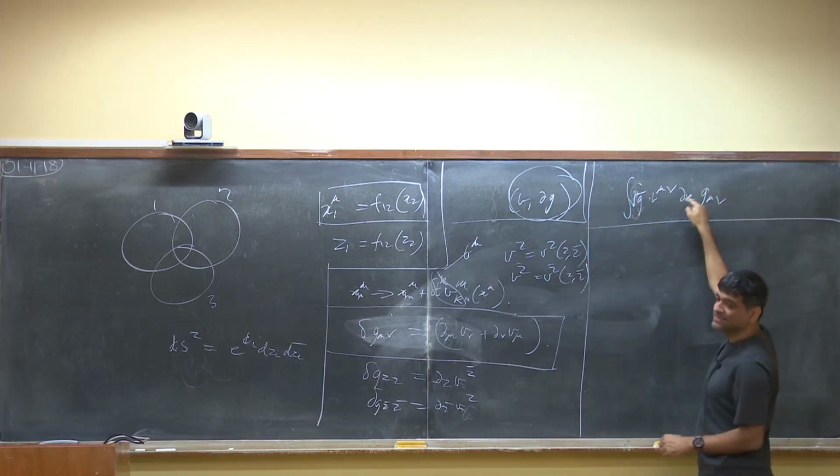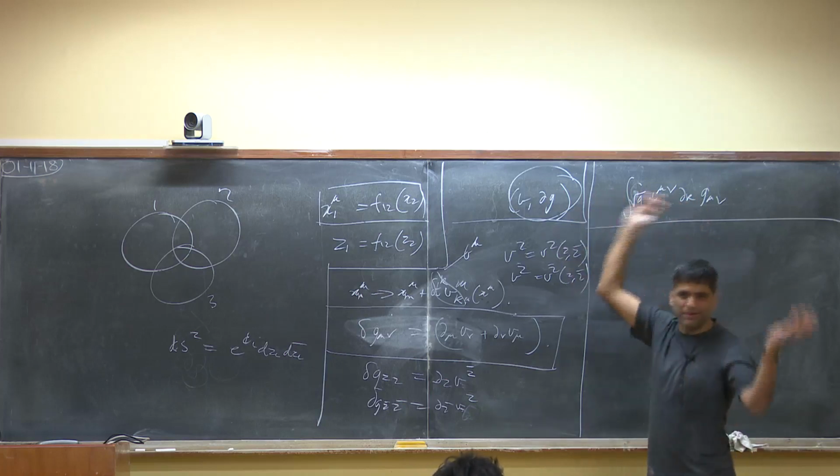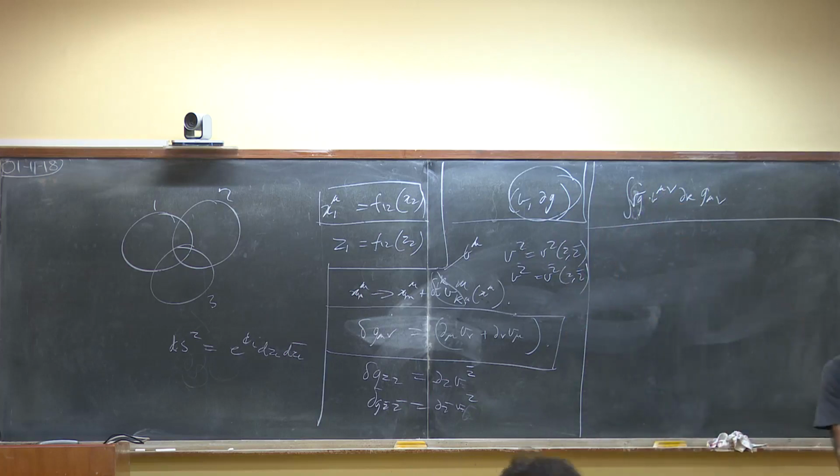Anything where the derivative acts on the e to the phi will cancel because of tracelessness, and anything else we've checked where homogeneity just goes away.